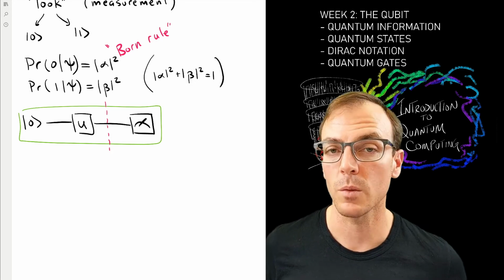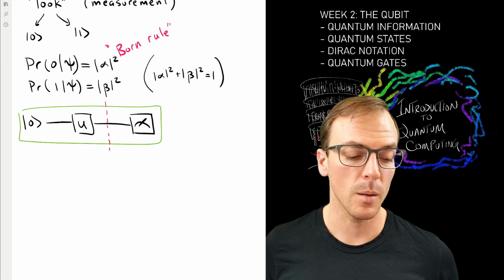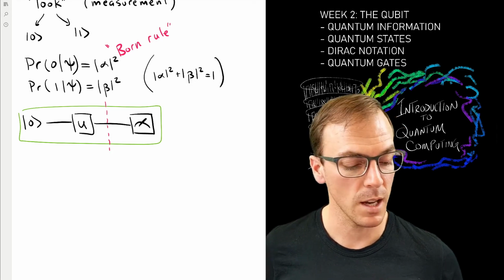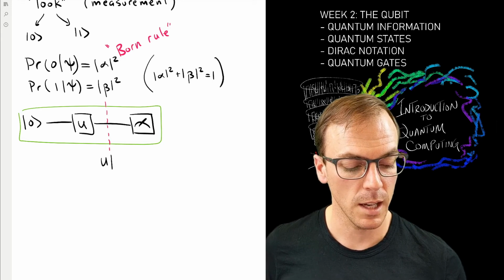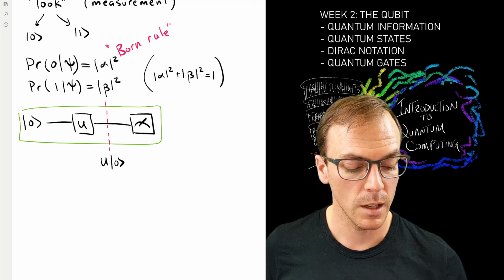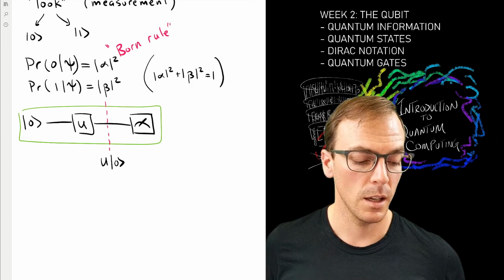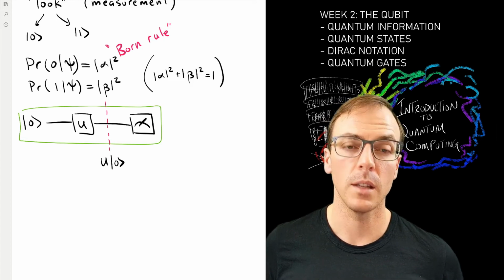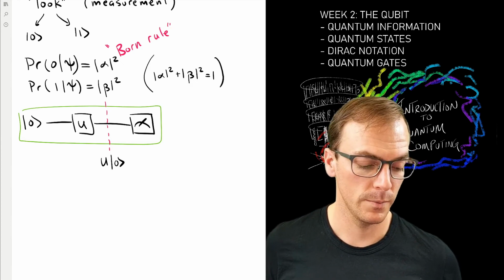This one only has one unitary gate, but if there were more, I would do this step by step. I can say that the state at this particular point in time is the unitary applied to the state of the qubit immediately before it.